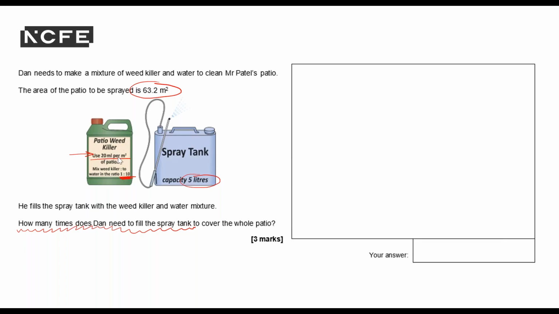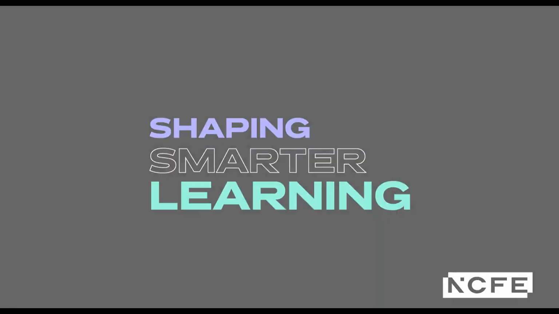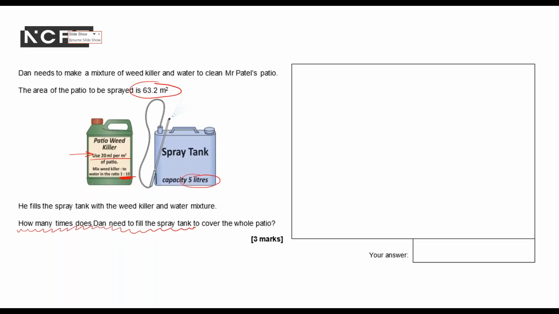So first of all, look, there's 20 mils per meter squared. So I'm going to work out how many milliliters of weed killer I need to use. In order to work that out, I'm going to do 63.2 times 20 to give me the total amount of milliliters. Because that's the calculation that I'm going to do, I'm going to write that calculation in my answer box.